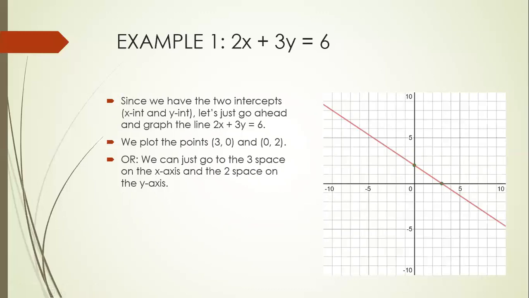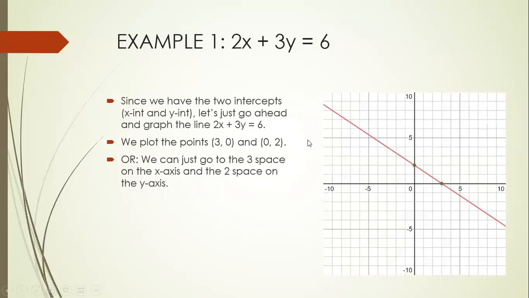Yeah. So we go to the x-axis and we go 1, 2, 3. We put a dot. And we said y was 2, right? Yes. So we go 1, 2 on the y-axis. We put a dot. And then we draw a line through it. That's how you do it.